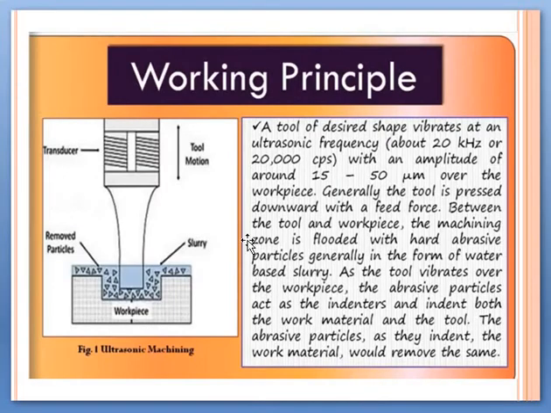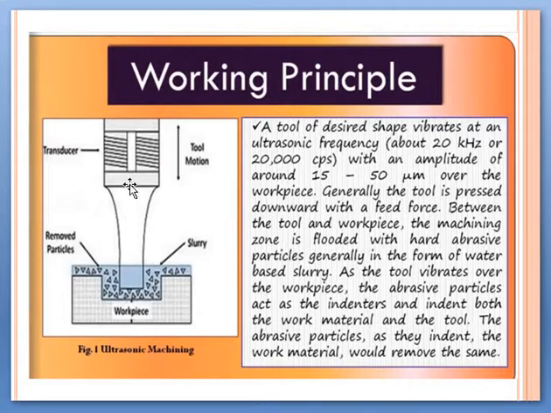Now, when we are discussing the working principle of ultrasonic machining, this will be the transducer. It will give the feed motion, which is transferred to the tool against the horizontal surface of the workpiece, and the tool is a form shape tool.